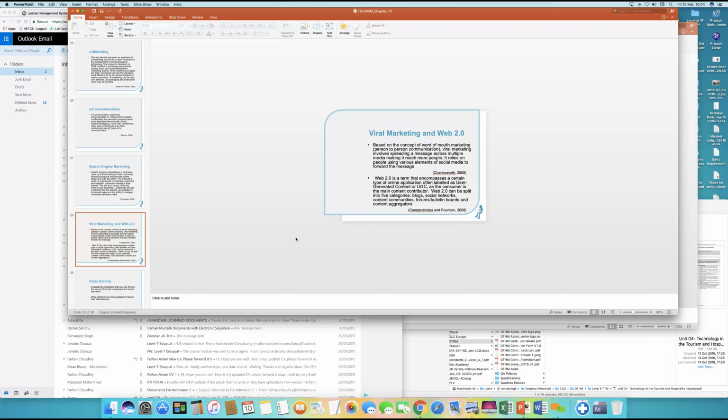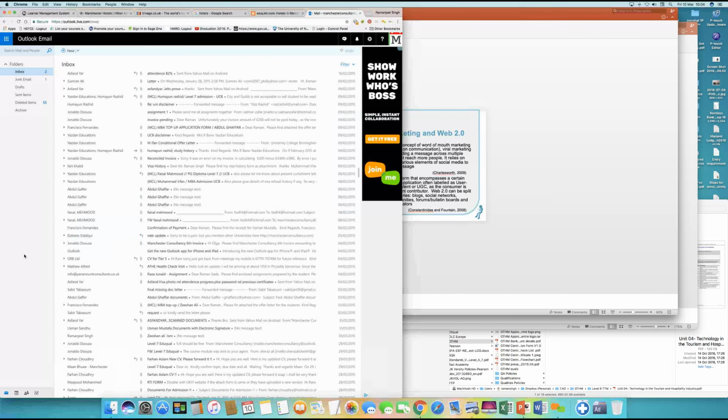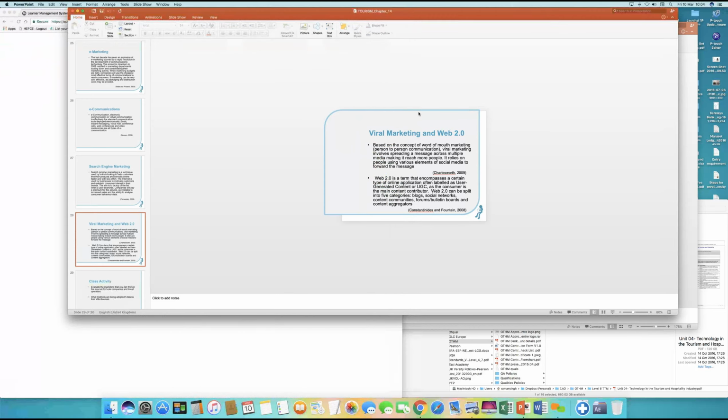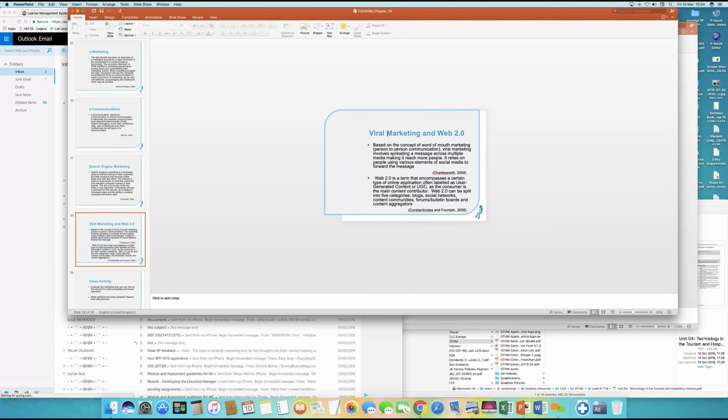So you receive newsletters. For example, you are looking at booking a holiday destination and you go to one of the websites. A couple of days down the line, you find they've sent you a newsletter because you keep visiting their website, you've accepted their cookie, and this email gives you some promotional offers of that website. This is possible because of the concept of viral marketing or Web 3.0.